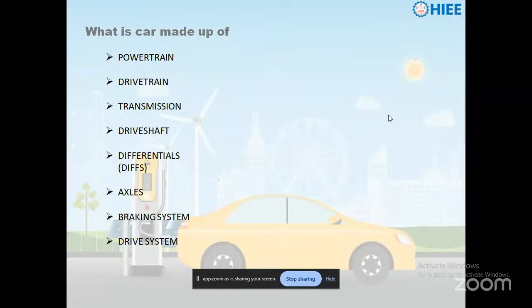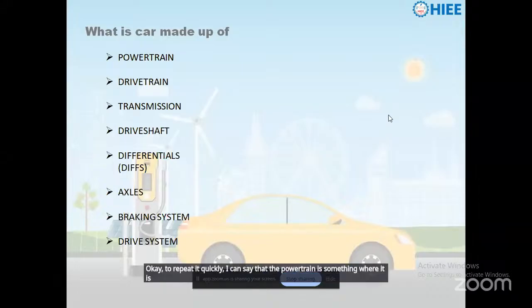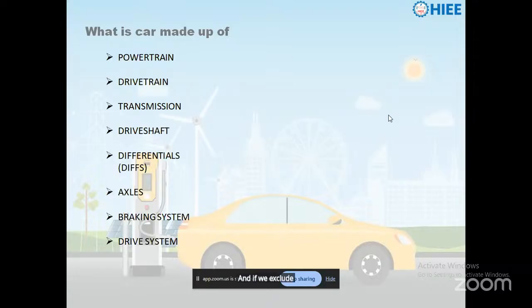To repeat it quickly, the powertrain is the power station, or the power generating unit of the vehicle, where the power is delivered to the entire system. If we exclude the engine and motor from the powertrain, then we have the drivetrain.